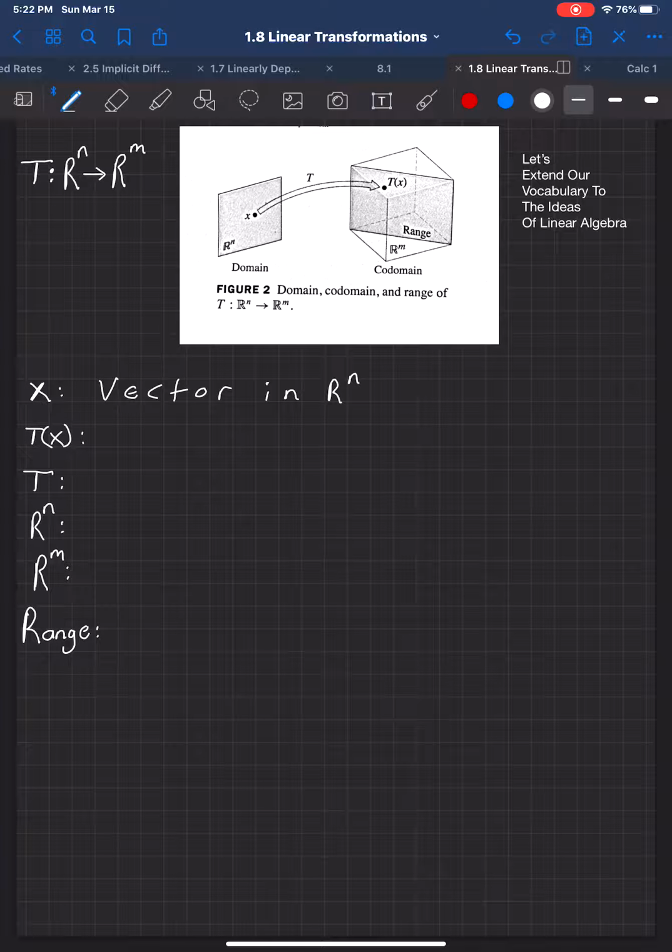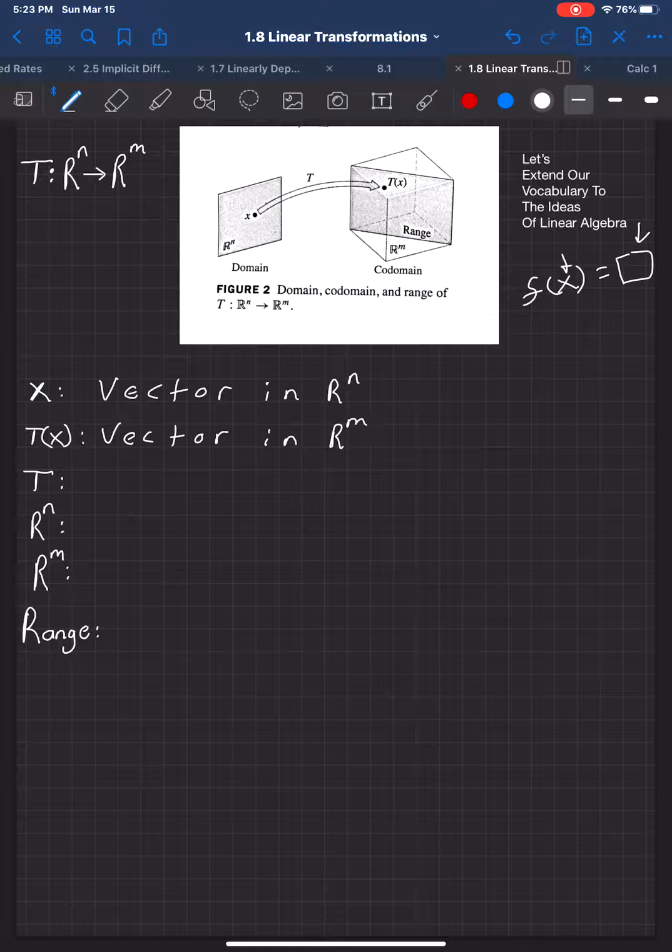Now, T of x should also be a vector. If you think about, again, f of x equals, you have to think about the input, x is the vector in Rn, and then what comes back out after the transformation will be a vector in Rm.